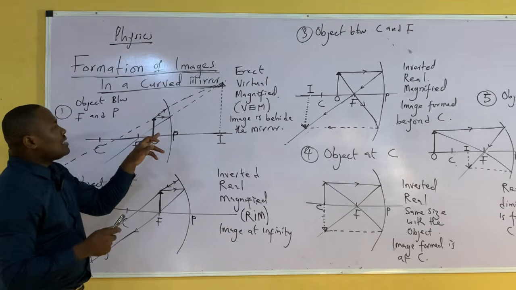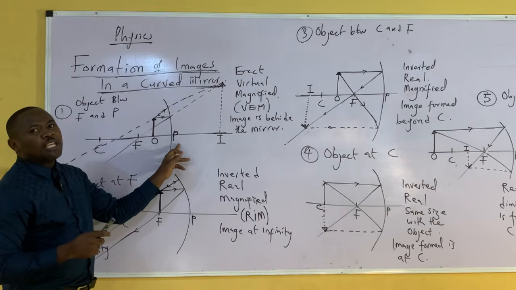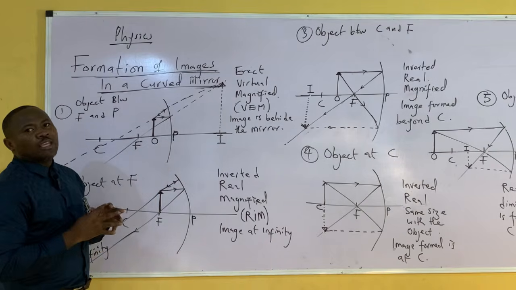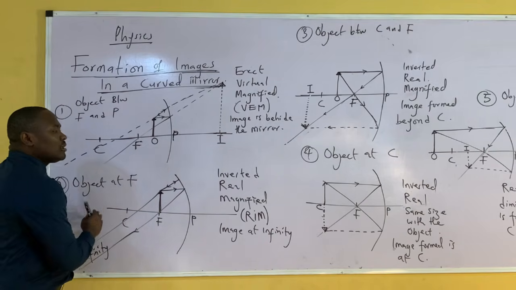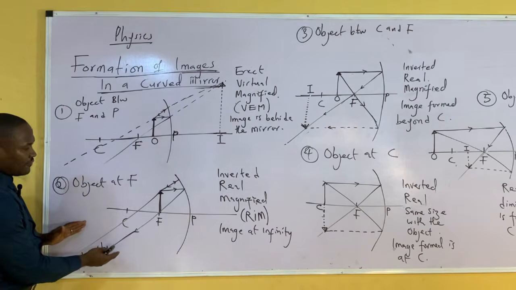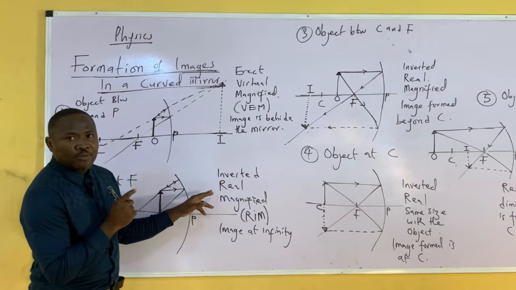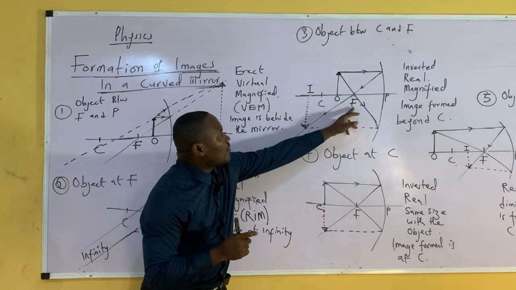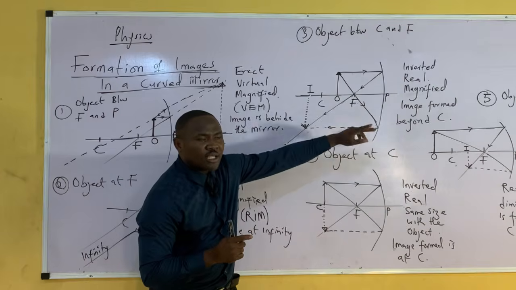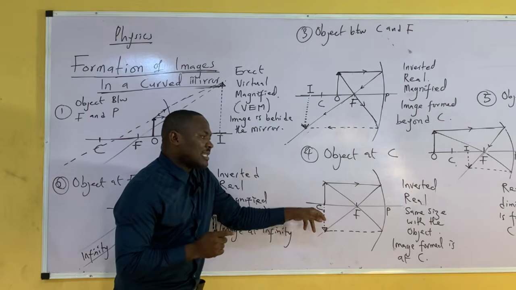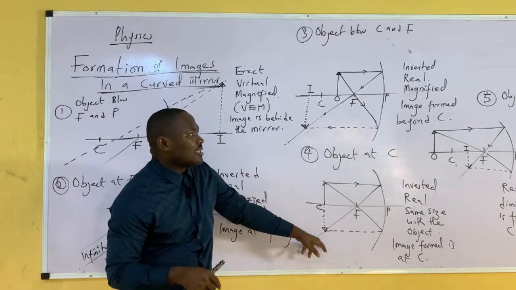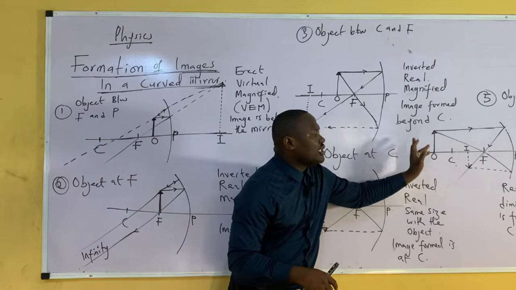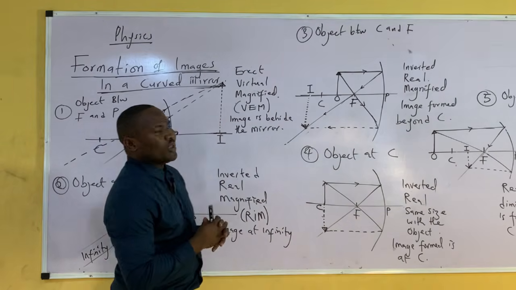So this is the only time a virtual image is formed by a concave mirror. In every other case, even the case at infinity, the image is real and inverted. The case between C and F, it is real and inverted. The case at C, it is real and inverted. And even the case beyond C, the image is also real and inverted.